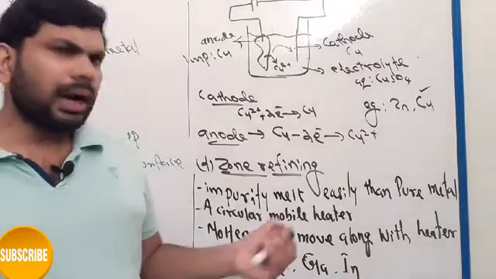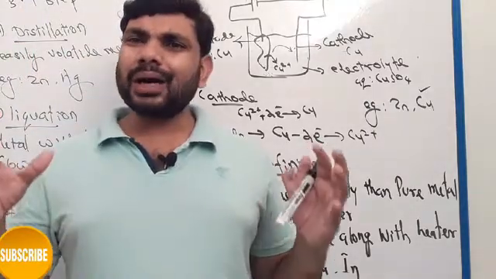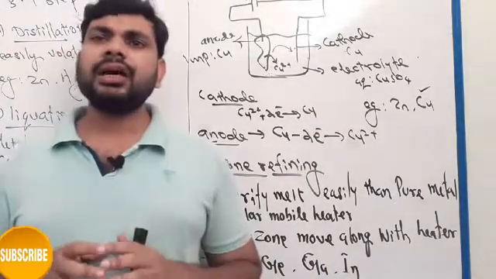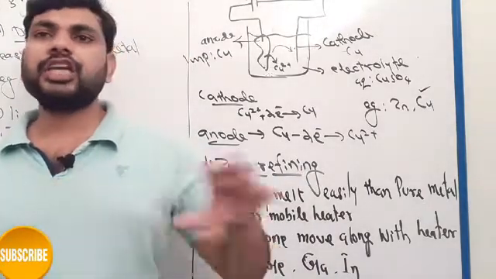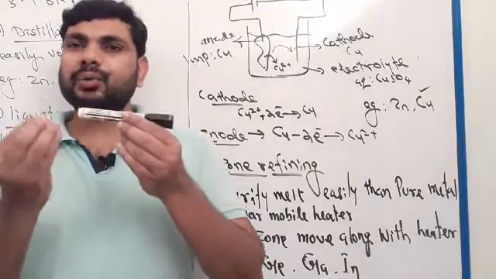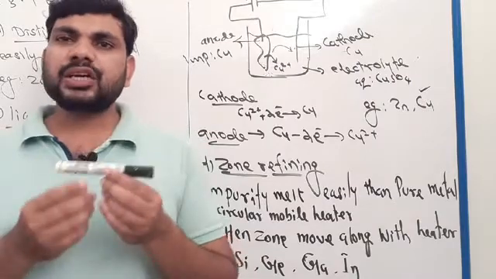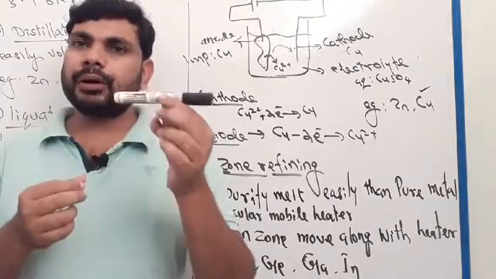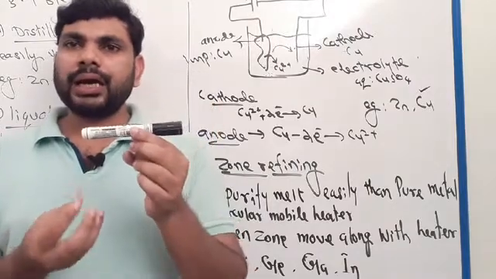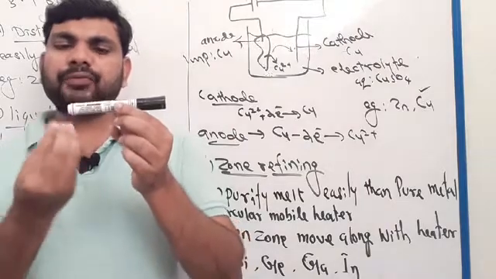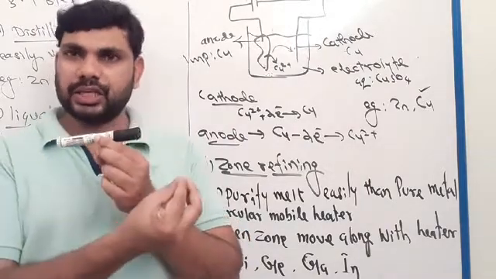And you can see in this figure there is a circular mobile heater fixed on one end of the impure metal rod. This heater will be moving from one end to another end.